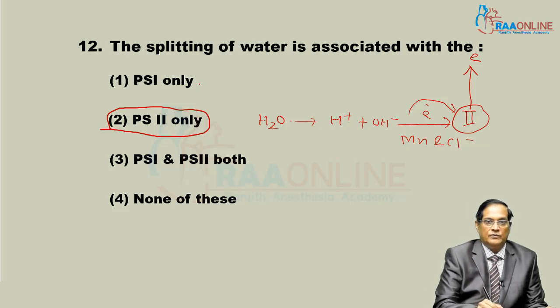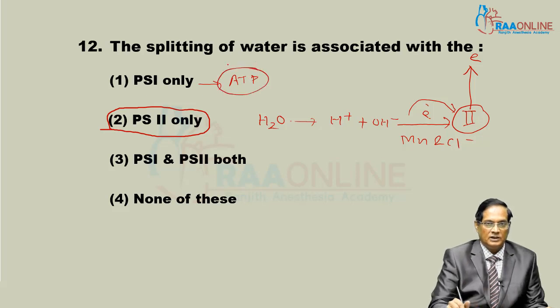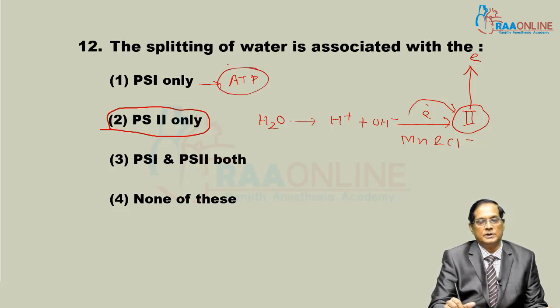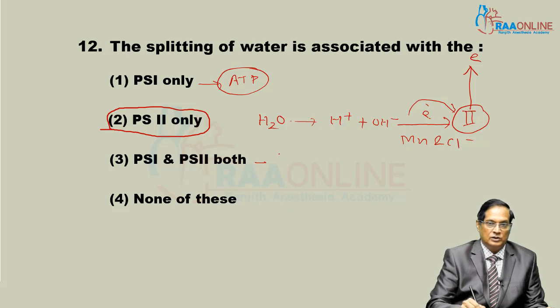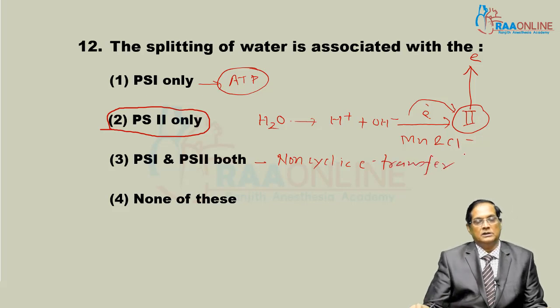If one only, then the answer is ATP. Pigment system 1 is concerned with cyclic electron transfer and its result is synthesis of ATP only. Whereas third one, when both interact, then there is a possibility of non-cyclic electron transfer, and it is useful in many ways.